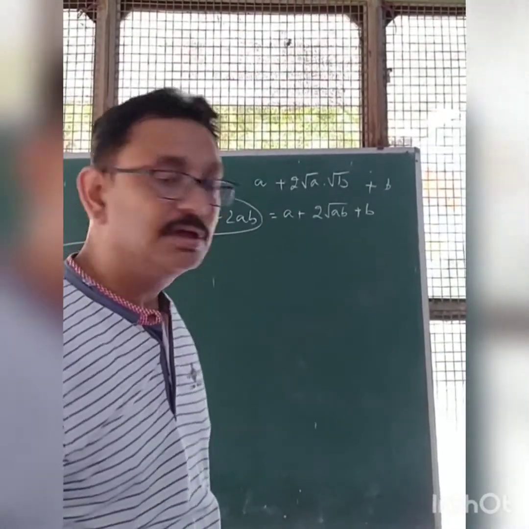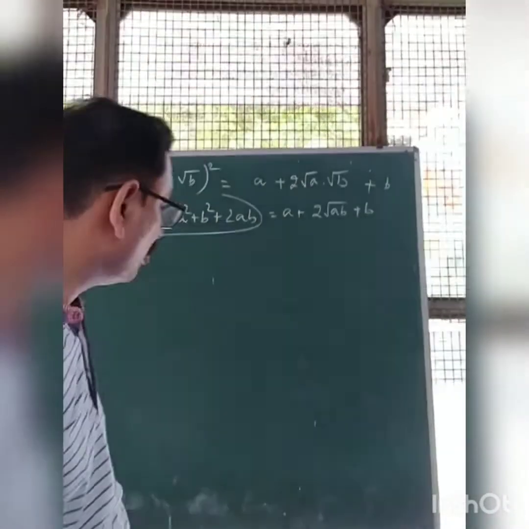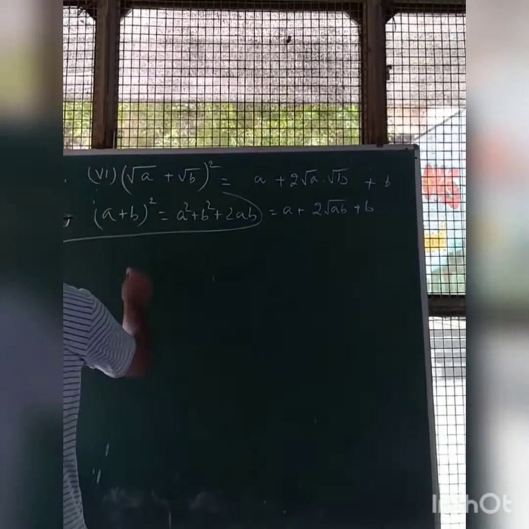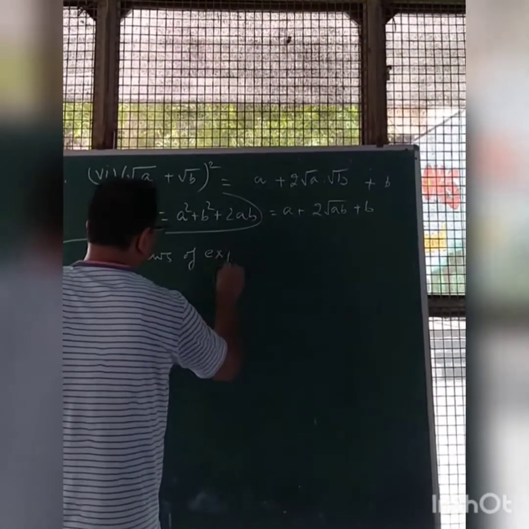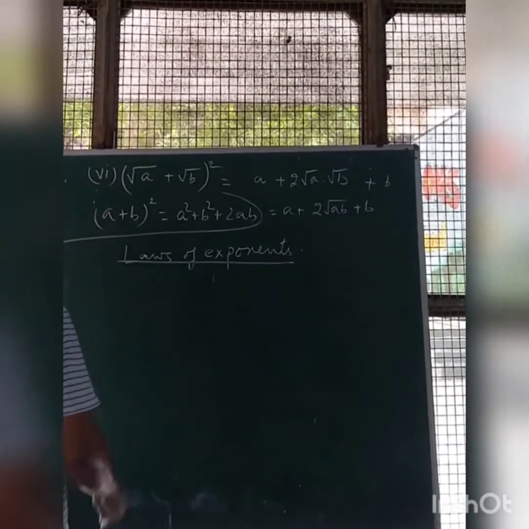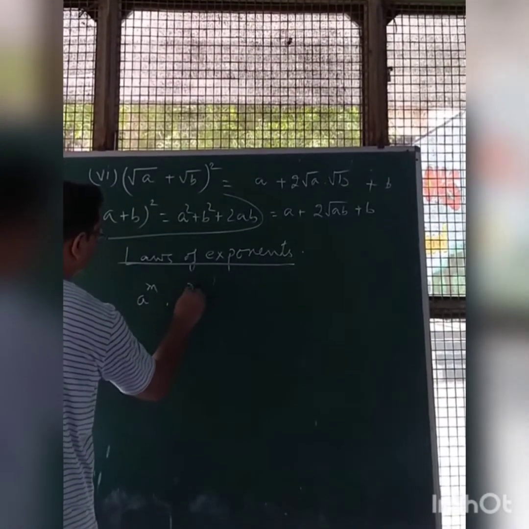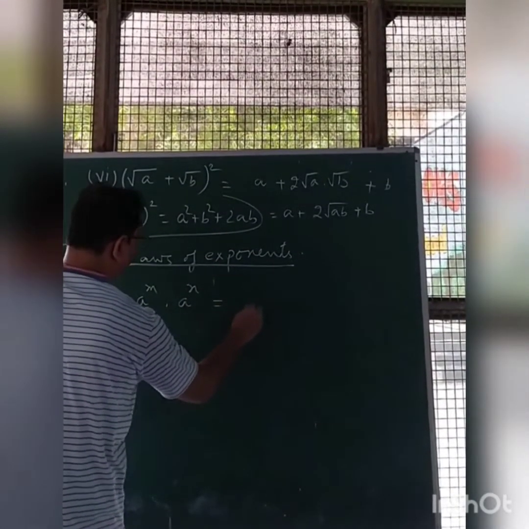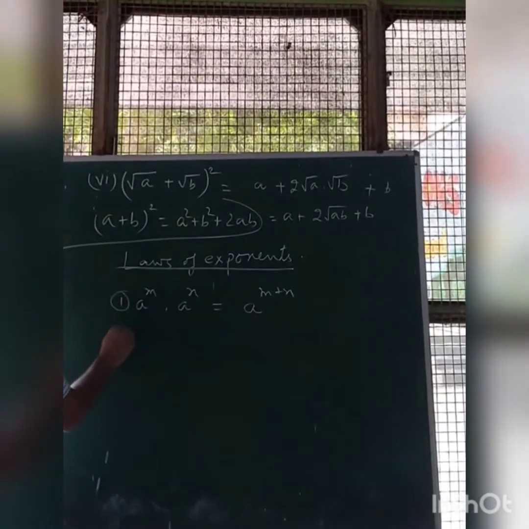Here also we will again revise laws of exponents. Laws of exponents. First, a to the power m into a to the power n is equal to a to the power m plus n.